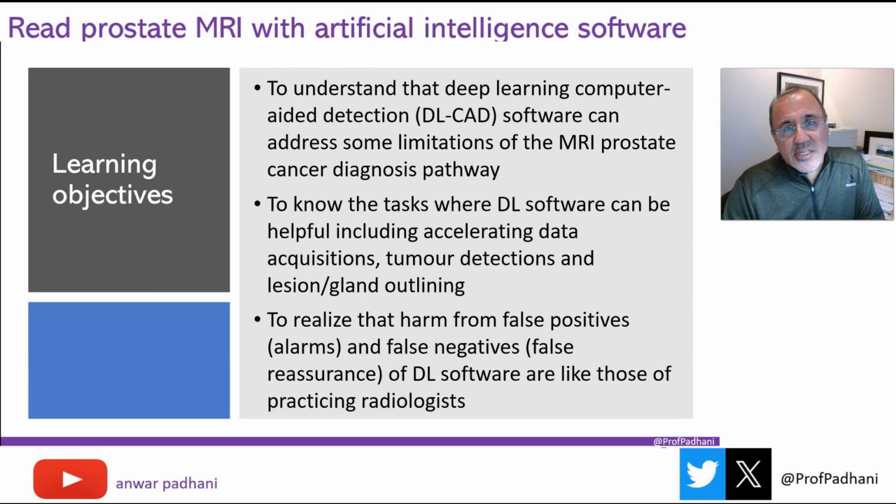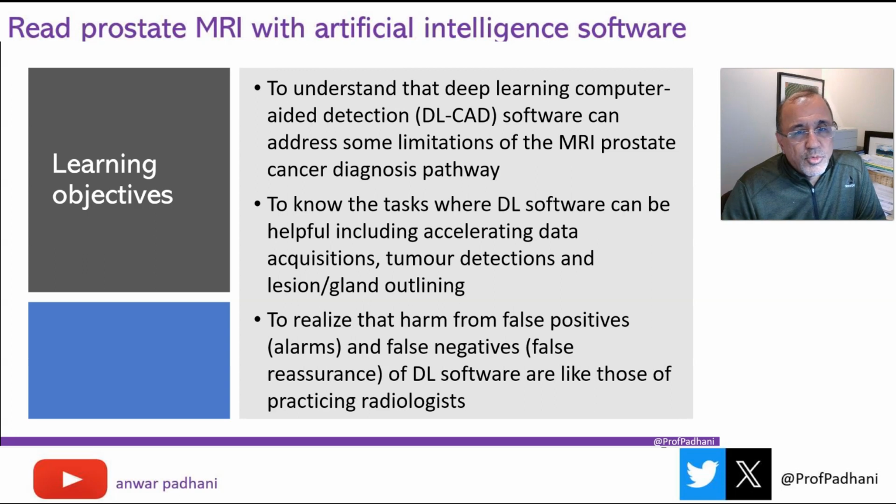1. To understand that deep learning AI software can address some of the limitations of the current MRI prostate cancer diagnostic pathway. To realize which tasks deep learning software can address, particularly accelerating the data acquisition, tumor detections, and lesion and gland outlining.